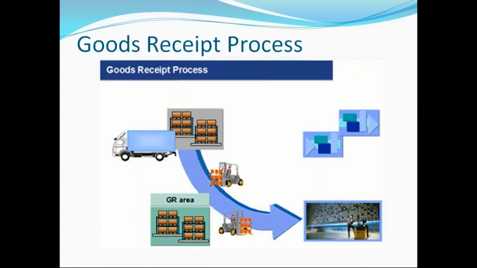If you are not specifying the confirmation, then the system understands that the receiving plant is not expecting any confirmation from the vendor, and you are directly doing the goods receipt process.